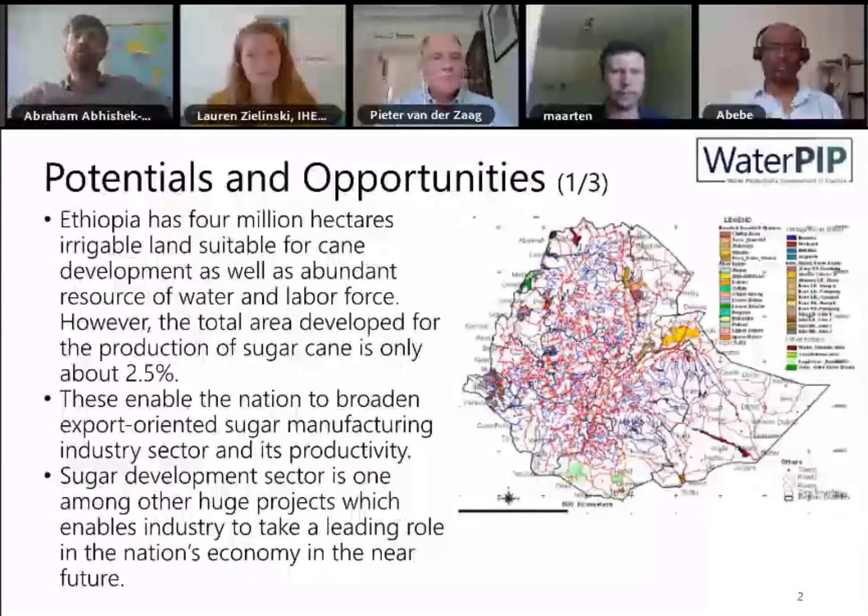However, the government of Ethiopia is looking at several dynamics. One, a very quickly growing population, as well as a population that requires a lot more sugar, a population that is in development. They are looking at how to expand production within Ethiopia and substitute imports. So the sugar development sector is one of the major sectors in which projects are taking place.